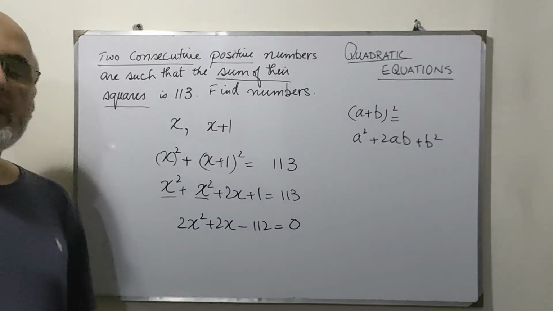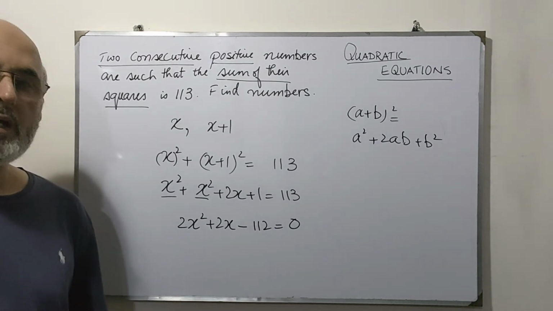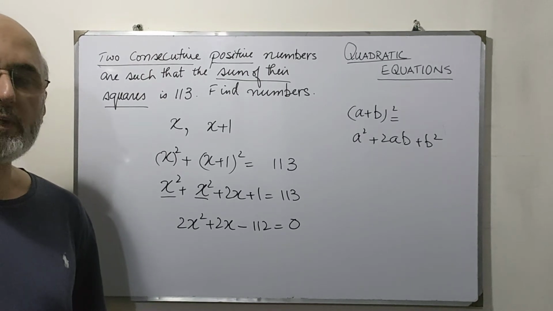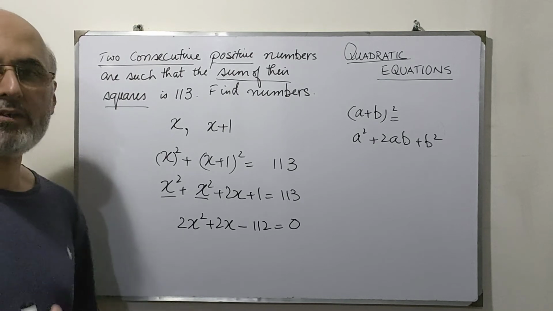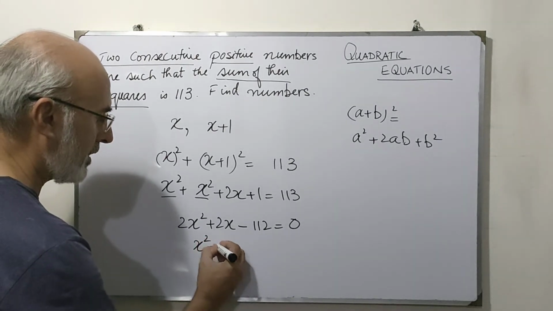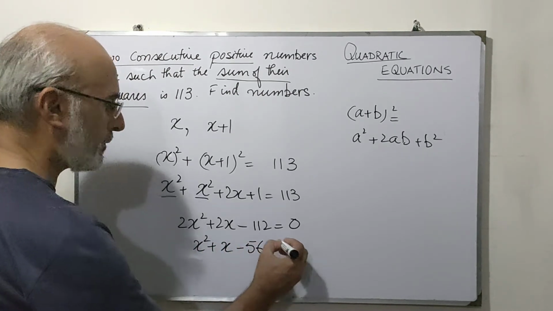Okay. Again, now we have this quadratic equation. We can go for midterm breaking, but before that, why go for the big numbers? If there is something common, let's get rid of that common. So 2 is common, so x square plus x minus 56 equals 0.